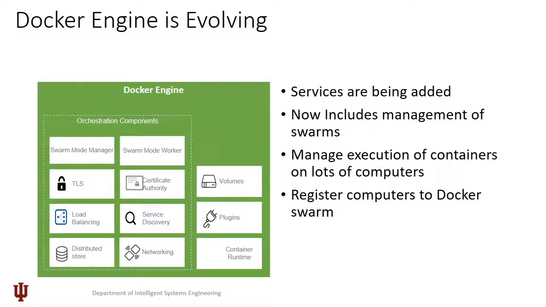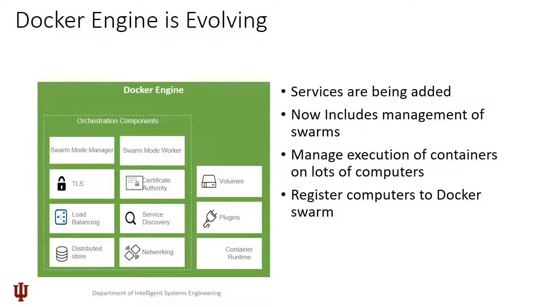Furthermore, we have to identify that the Docker engine is evolving. We have previously already mentioned that at one point Docker Swarm was added. Docker was prior to that a smaller system. But as you can see, it includes orchestration components these days that include distributed storage, load balancing, key management, the Docker Swarm managers, certificate authority, service discovery component, as well as networking.